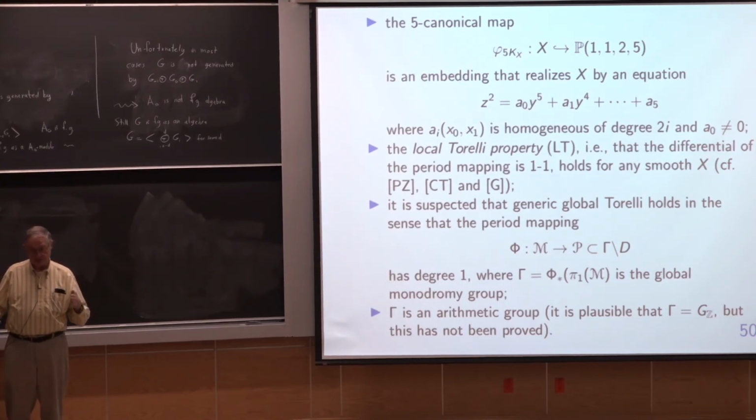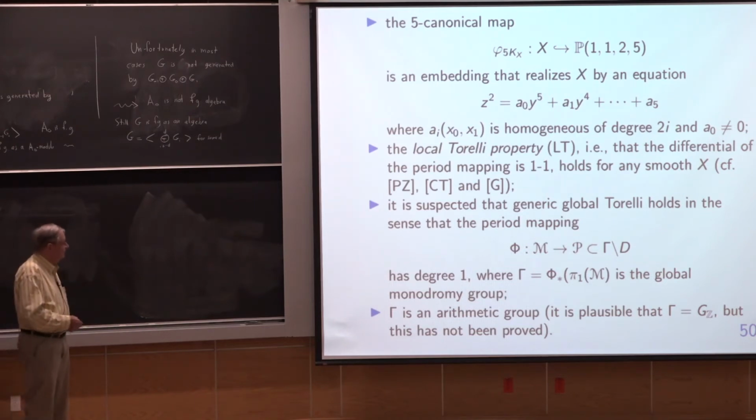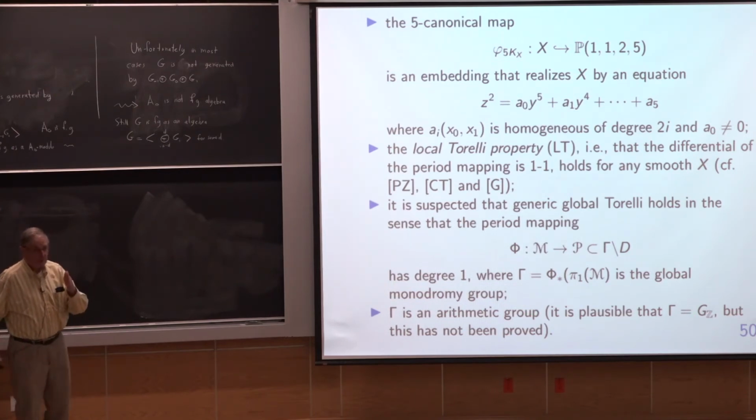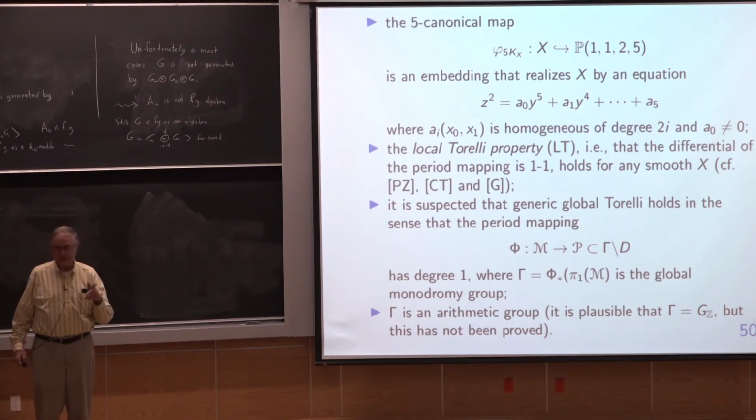There's an even much larger class where it's generically determined by its Hodge structure. For example, any smooth hypersurface in projective space, with about 6 exceptions on the degree, has a global Torelli property. So it's suspected, but not yet proved, that global Torelli works for this surface. It's also suspected that the global monodromy group is an arithmetic group, but whether it's the full possible arithmetic group, as big as it can be, is not known.